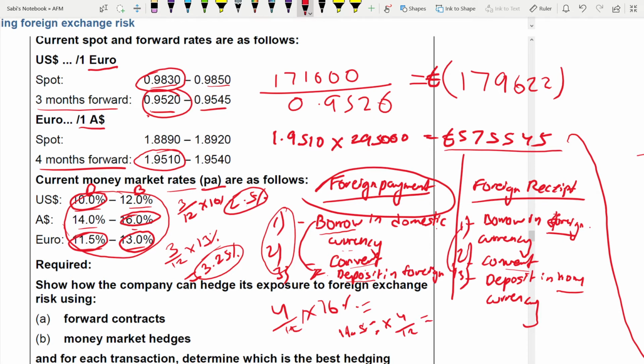It will be 5.333% recurring, then 3.83333, this 3 is recurring. So these are the percentages that you have to use.